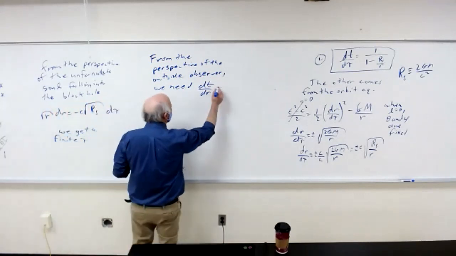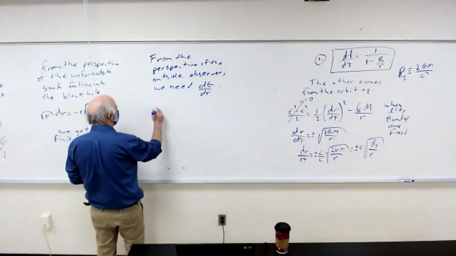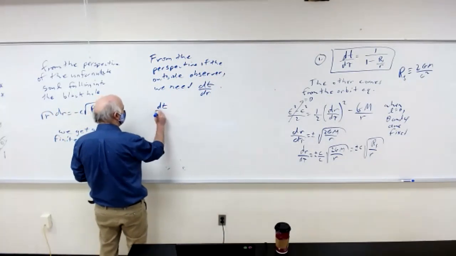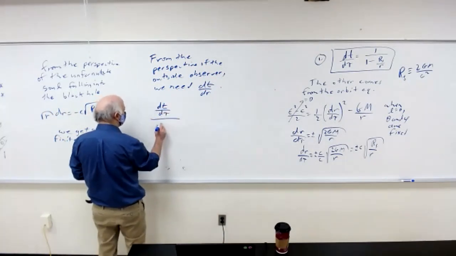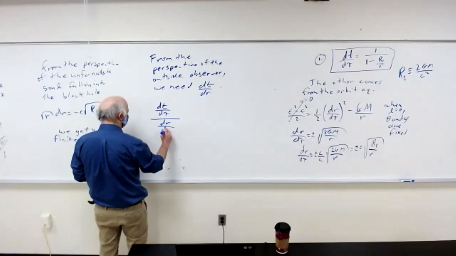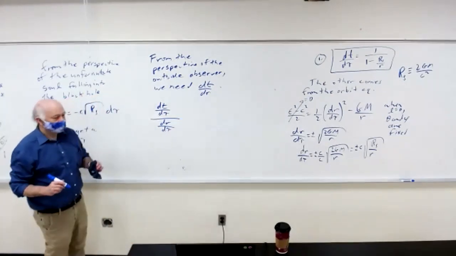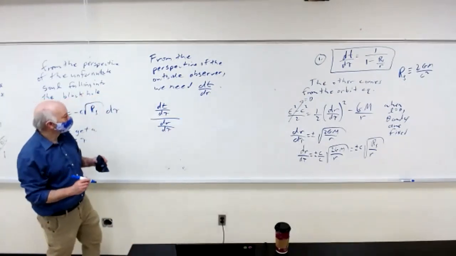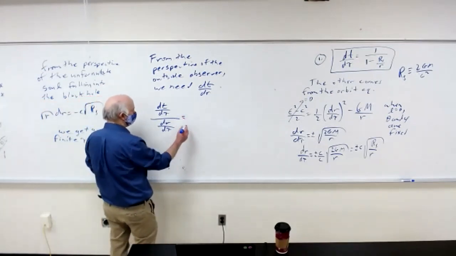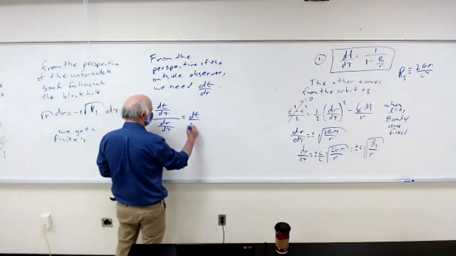We mentioned last time how we do it. We said that if we look at dt d tau divided by dr d tau, what does that equal? Well, this is really dt dr.